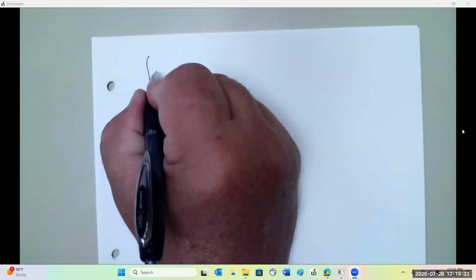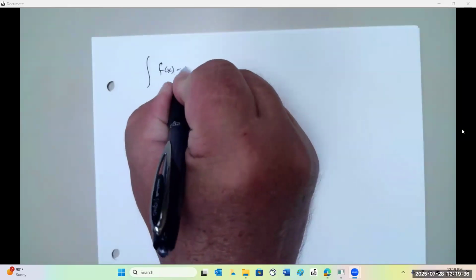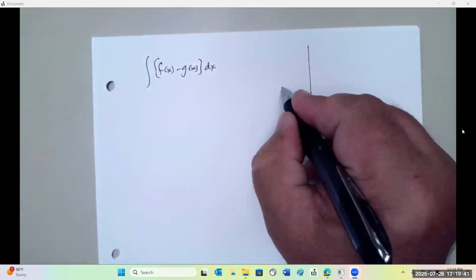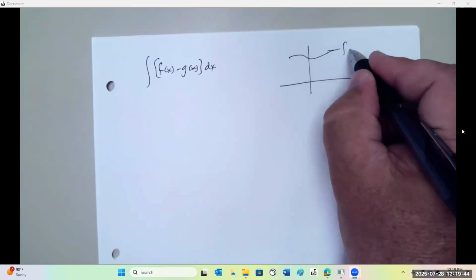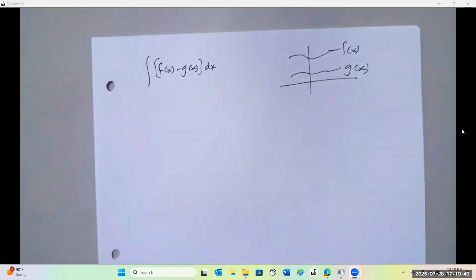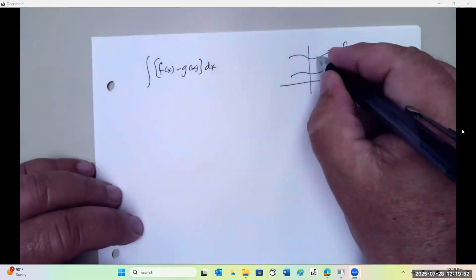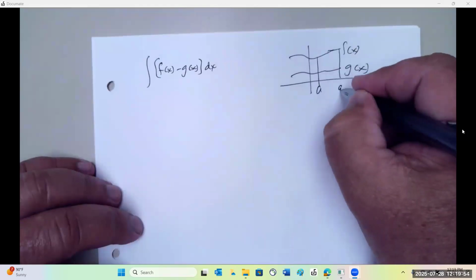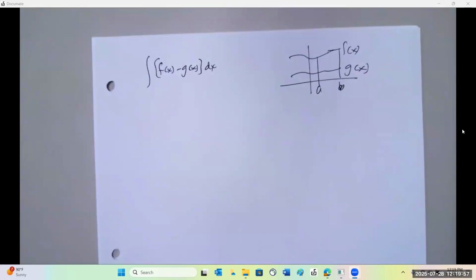Here's a question. Would this function work if f of x and g of x were on the same side of the x-axis? Yes. Why? Because the integral of g of x would actually subtract the area below g of x.